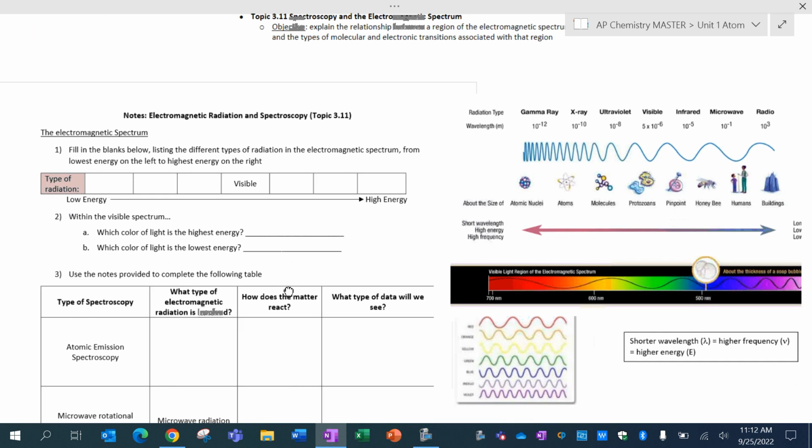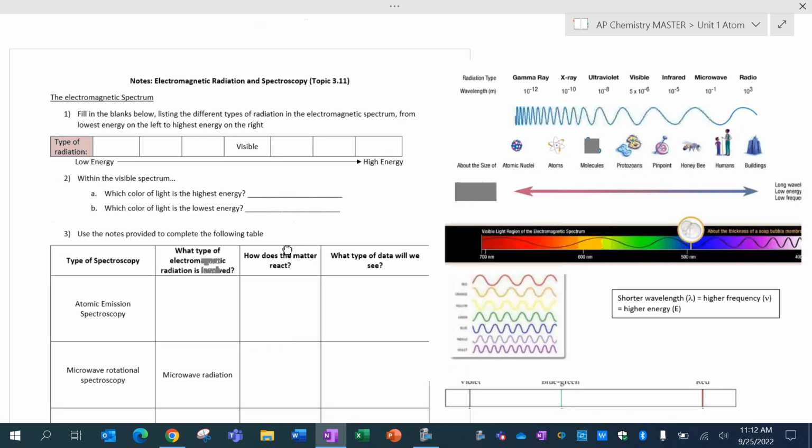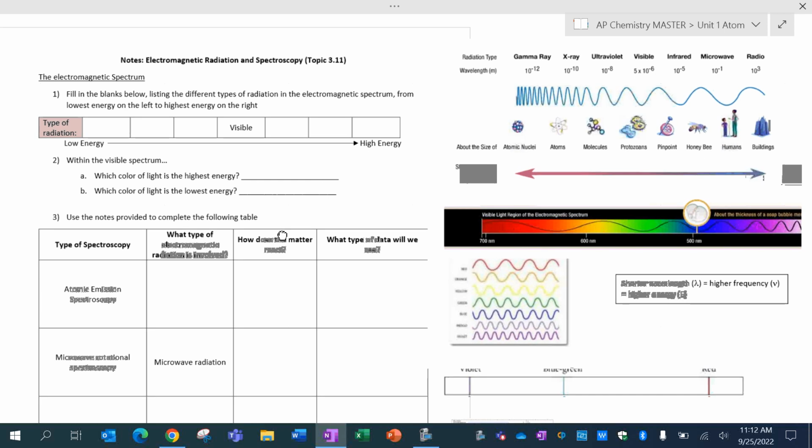So the first step here is to understand that there are different types of electromagnetic radiation. There's various visuals that provide information about this. If you're looking at radiation going from highest energy to lowest energy, one of the lower energy forms is radio waves.